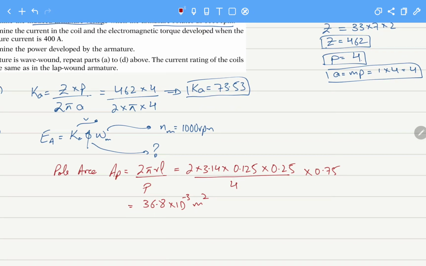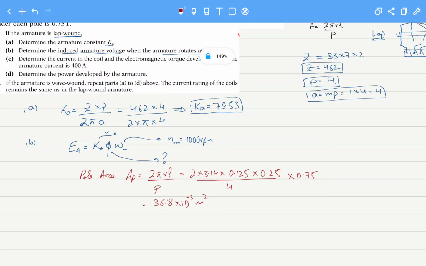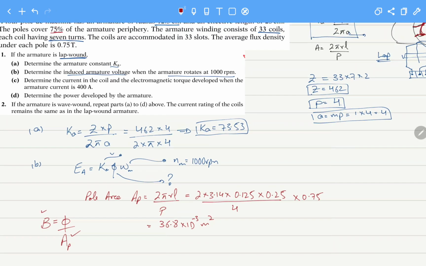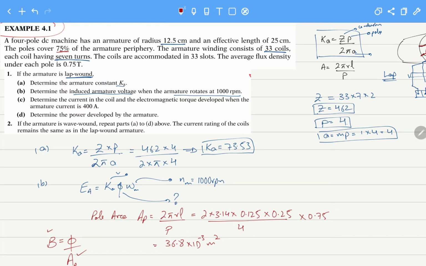Now, why are we calculating this? We should remember we have to calculate the flux. Now we have a beautiful formula. We all know flux density is flux over the area of the pole. If we have the area of the pole and the flux density, we can calculate the flux. So let's see if we have the flux density.